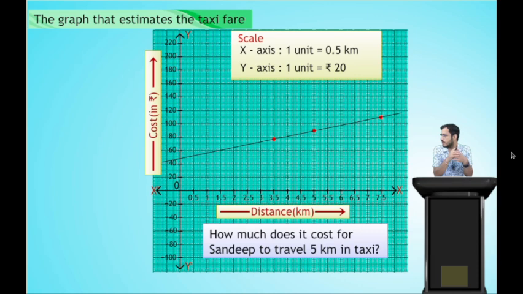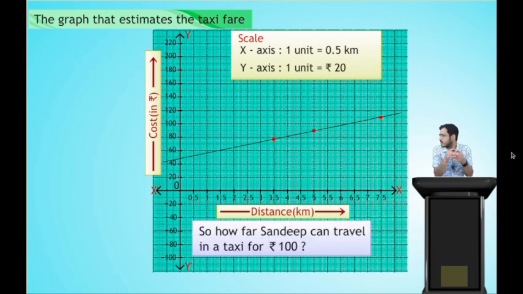You can see 5 kilometers on the x-axis, and the cost is 90 rupees. So 5 kilometers and 90 rupees.